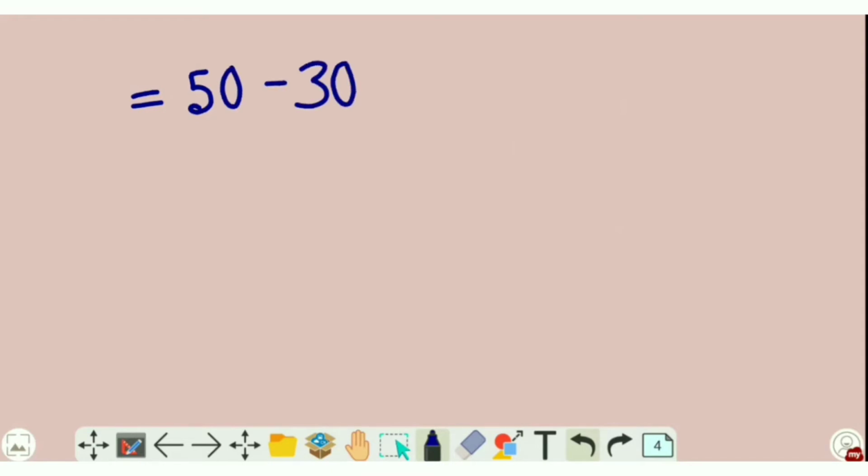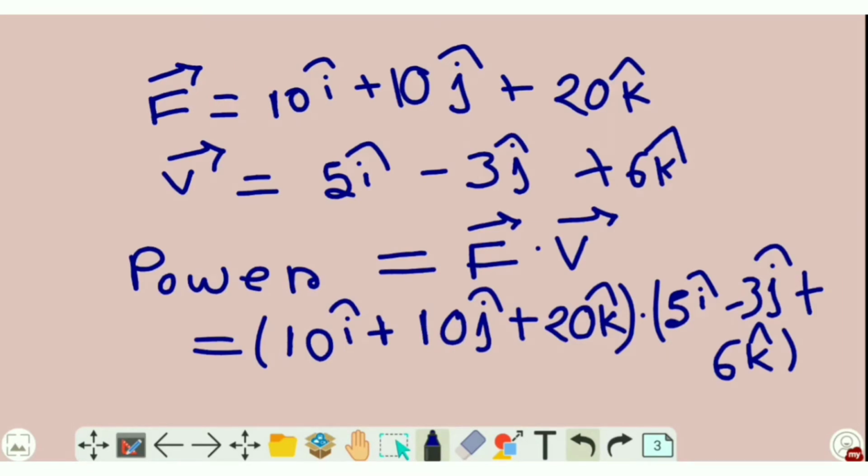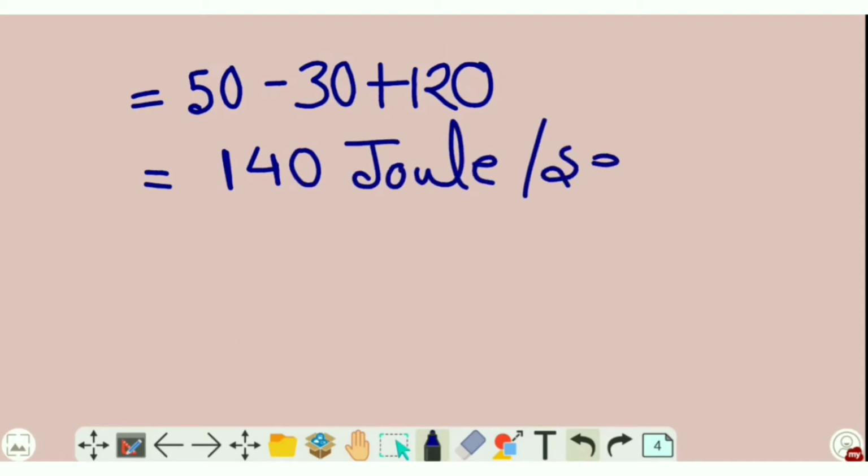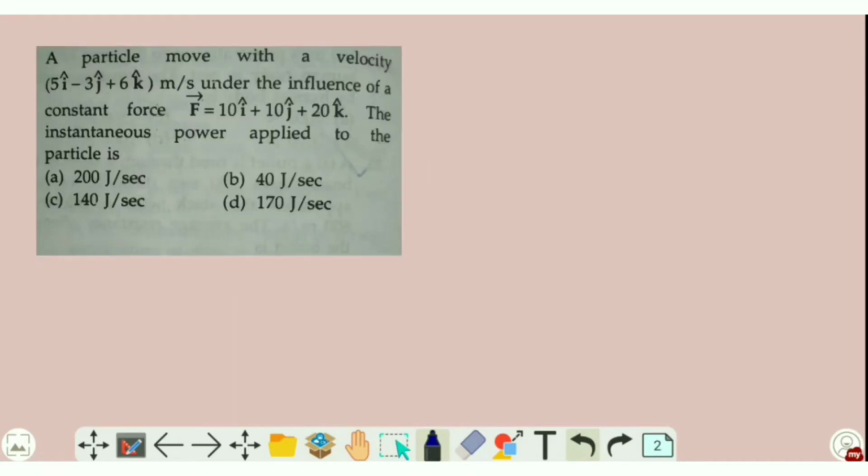Minus 30 plus 120. Let's check. Yes, the total is 140 joule per second. So check the options. Option C is correct.